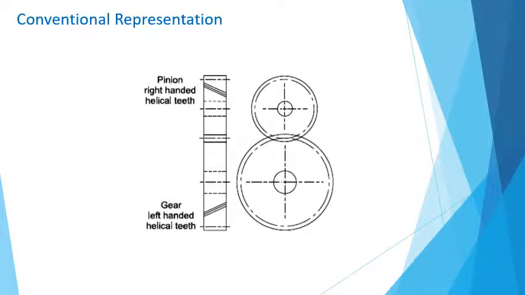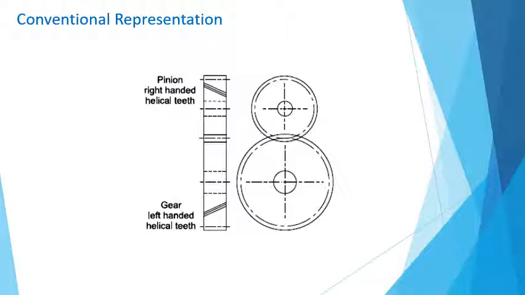The conventional representation of a pair of helical gears is shown in the figure. It is necessary to show the type of helix or the hand of helix, whether it is left-handed or right-handed, or the direction of the teeth in the drawing. Therefore, the hand of the helix is indicated by drawing three thin continuous lines.